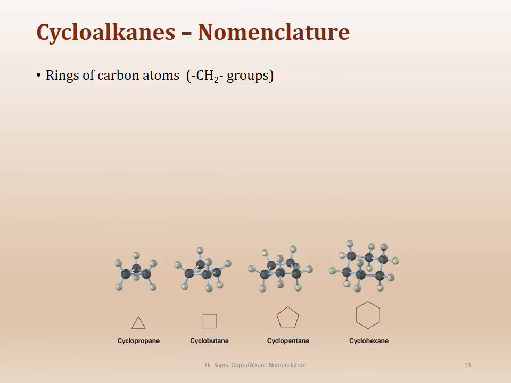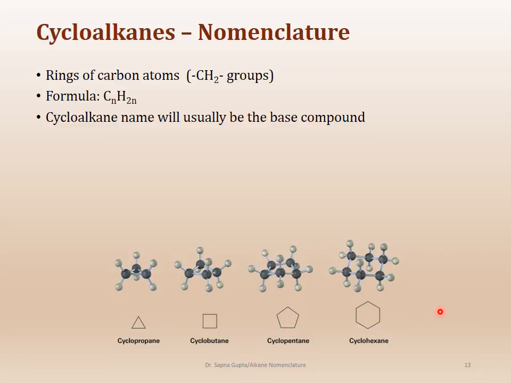Now for the cycloalkanes, things are a little bit different. Cycloalkanes are rings of carbons. They're cyclic and they're anes, which means that you still have all single bonds in all of these structures. The formula for a cycloalkane is CnH2n, which is similar to alkenes because it is minus 2 hydrogens.